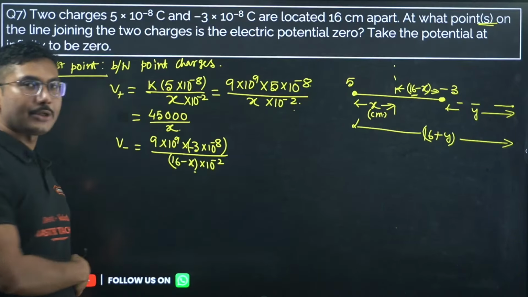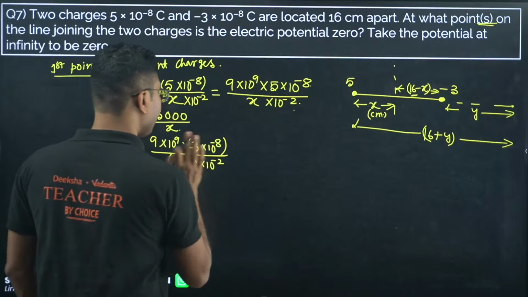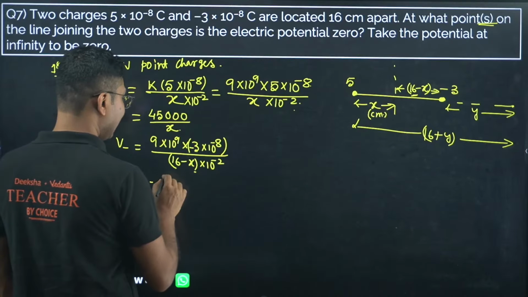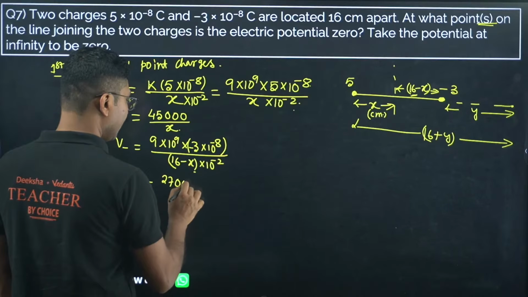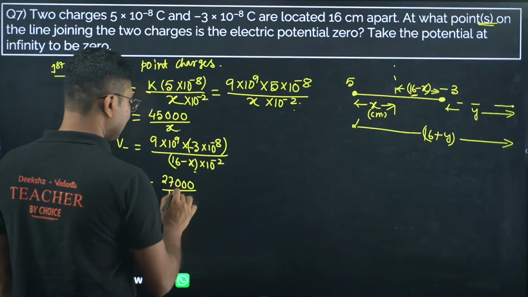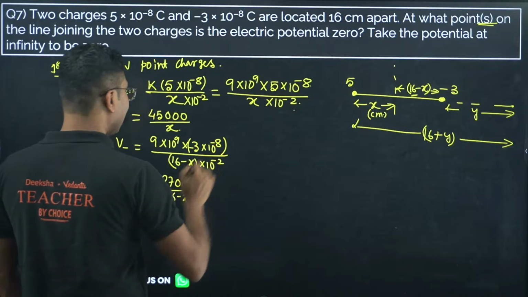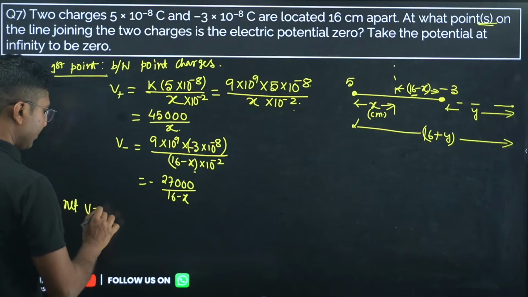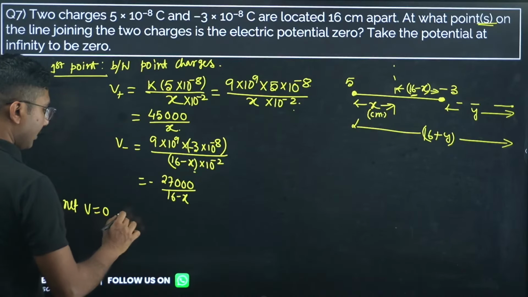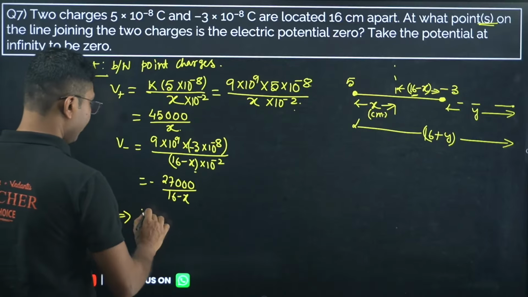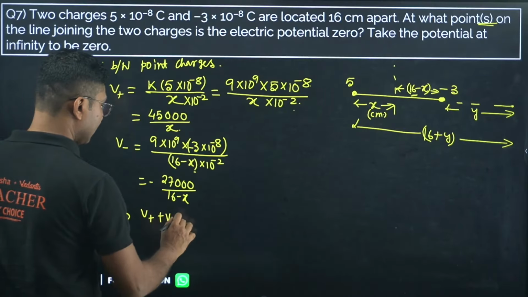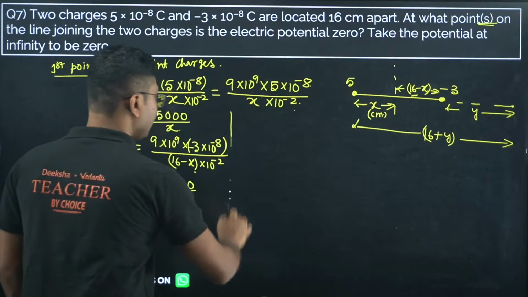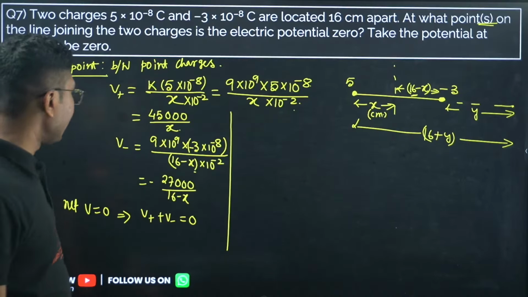Again this is in centimeter, so 10 to the power of minus 2 will be common and you get minus 27,000 divided by 16 minus x, and net potential is 0. So V plus plus V minus equals 0. Net means just addition. Now just add them.